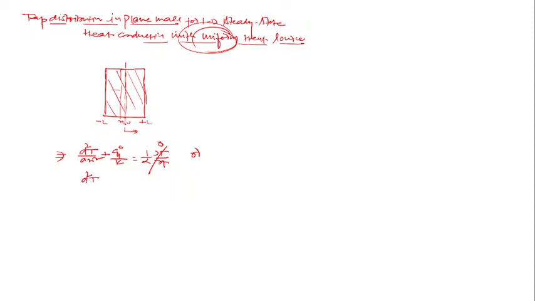Then d2T/dx2 equal to minus qg dot upon k. dT/dx equal to minus qg dot upon k into x plus c1.